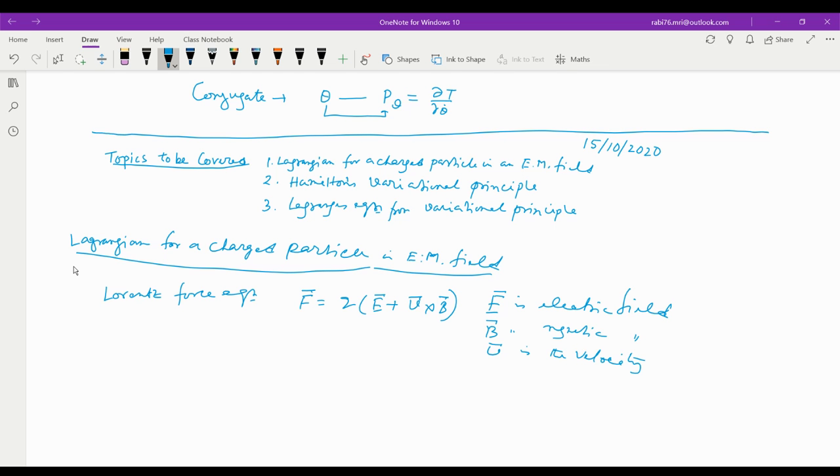Now we know this force cannot be derived. Force is not derivable from a scalar potential.